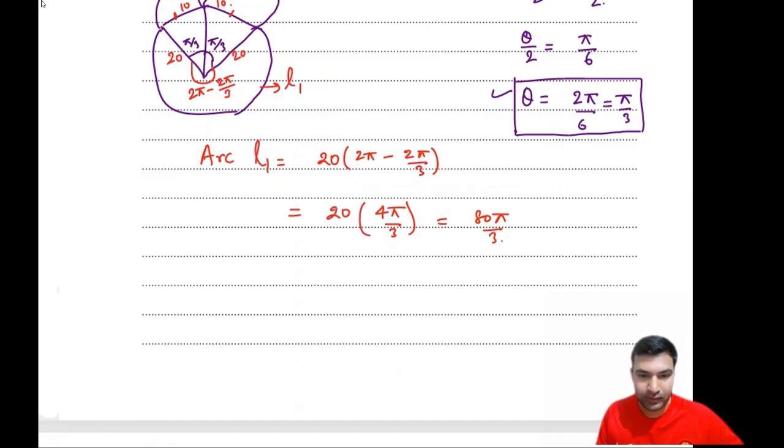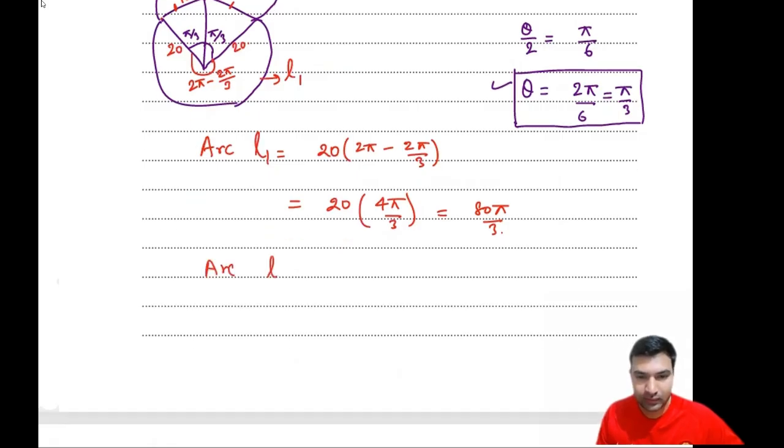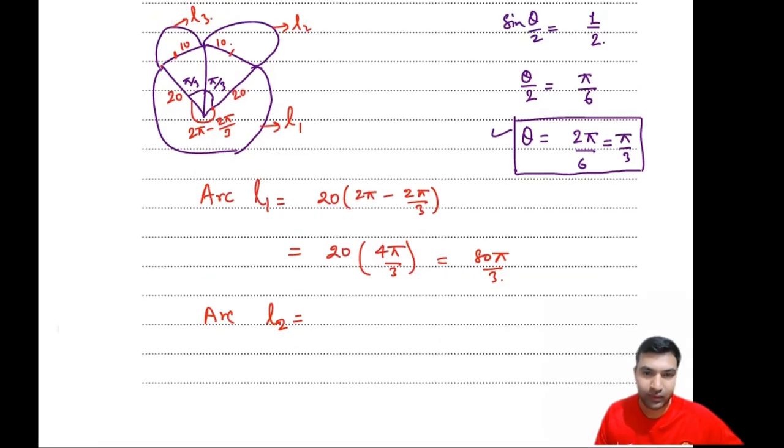And then I need to find arc L2, which is again r theta. L2 plus L3 is basically a complete circle, and a complete circle is nothing but 2 pi r, so this becomes 20 pi. So I need to add them together.